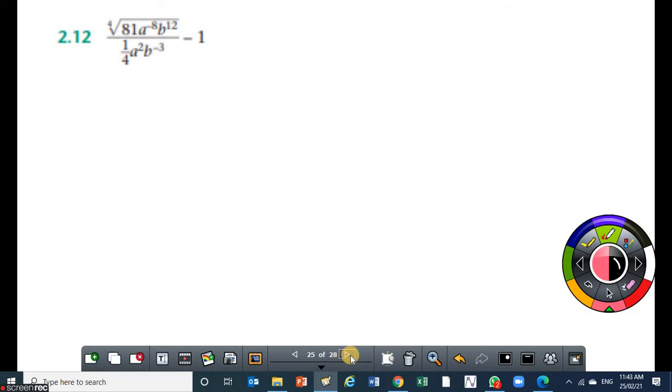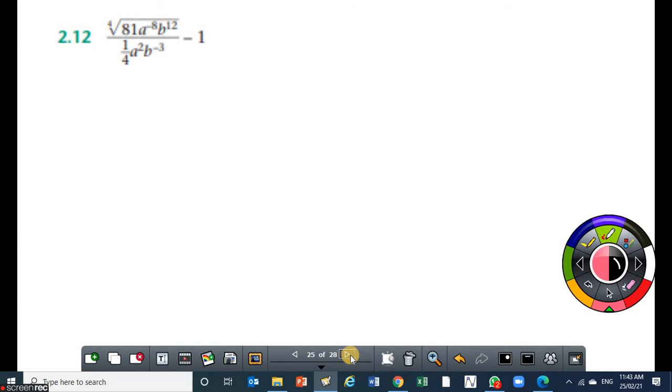Now if you look at the question, you have a radical sign or square root in the numerator. We have letters A and B. And that minus 1 is a constant on its own. It means whatever you have in this fraction, you subtract 1 from it.